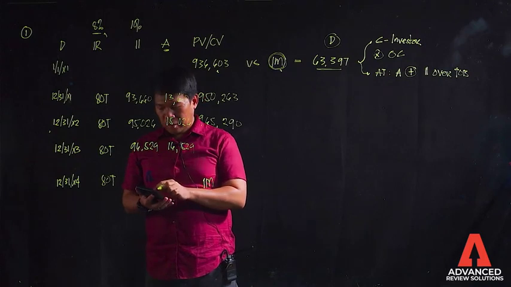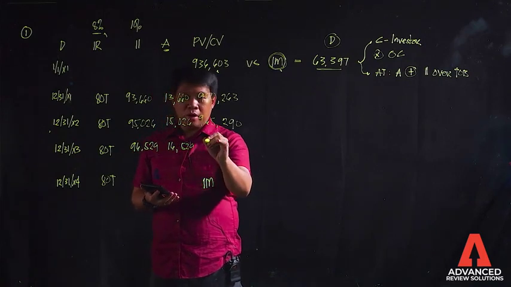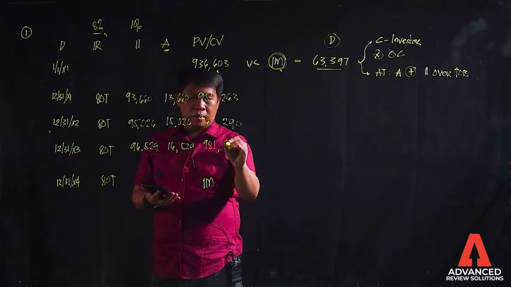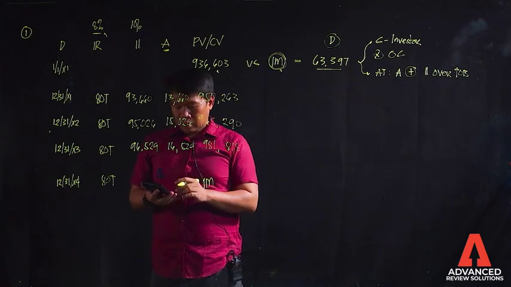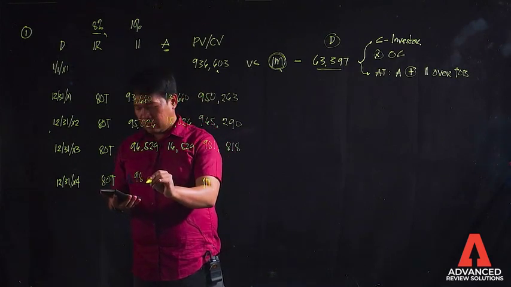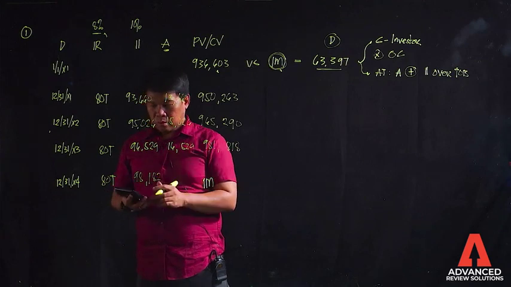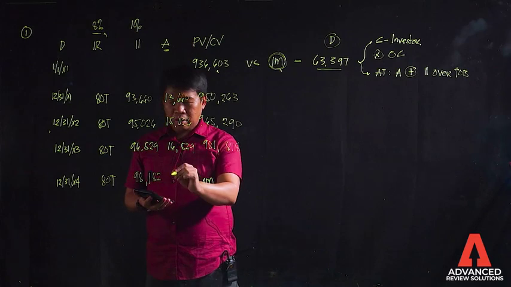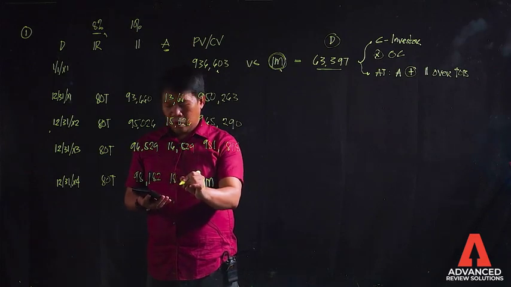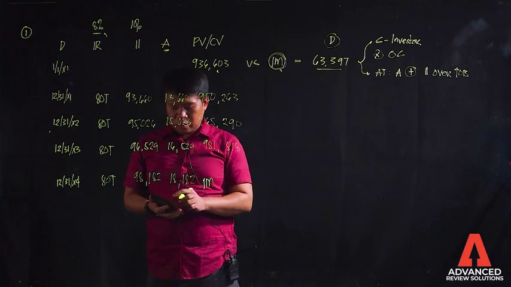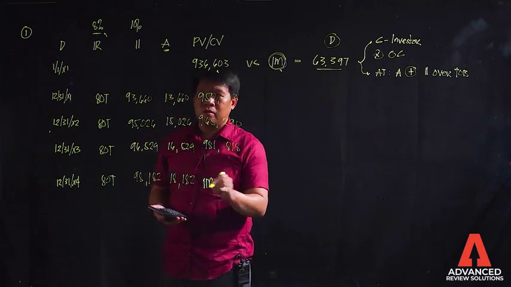Okay, memory plus recall, this is 981,818 times 10%, so this is 98,182 minus 80,000 equals 18,182. Okay? Memory plus recall, you will go back to that 1 million pesos.